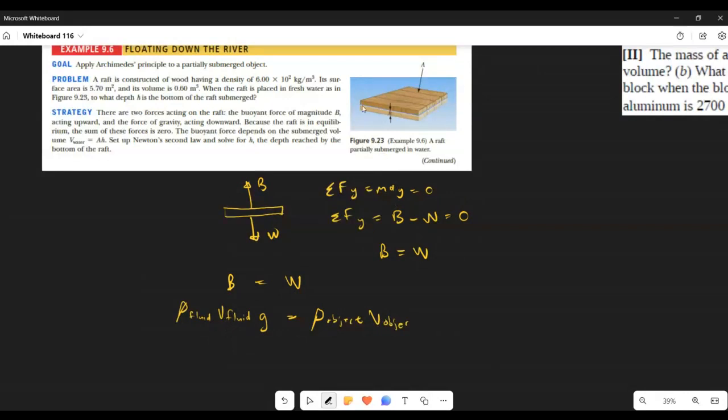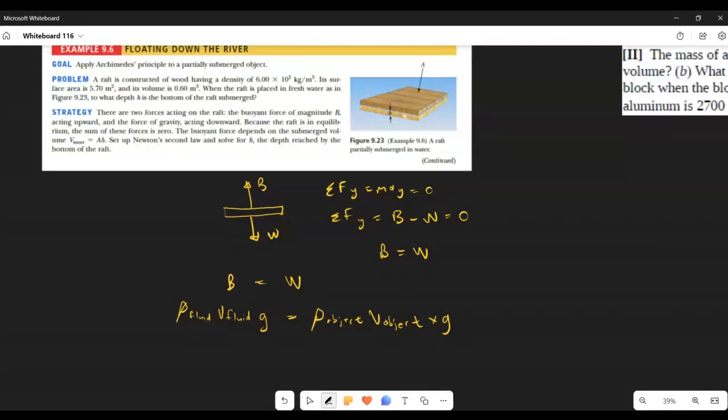Displaced meaning it's this area here. The volume of the object is the whole volume of the object.